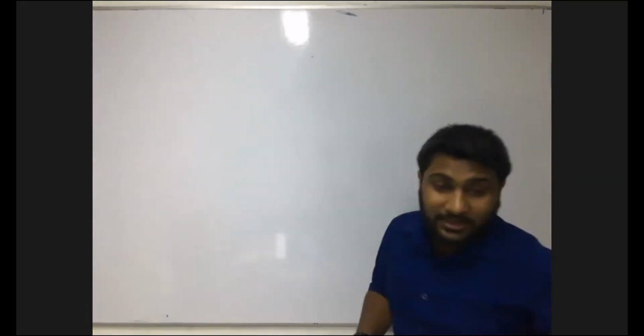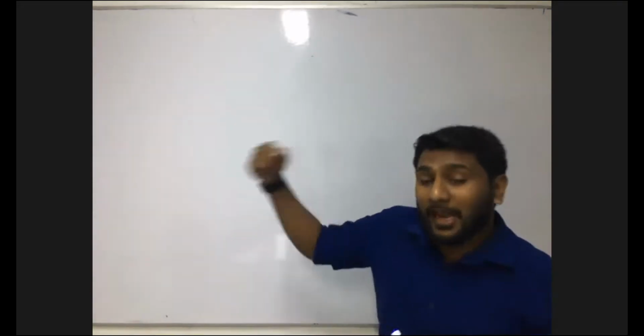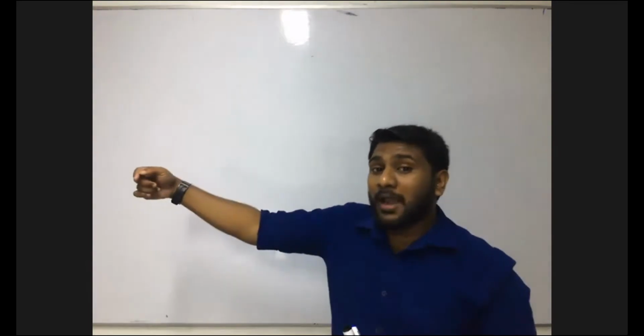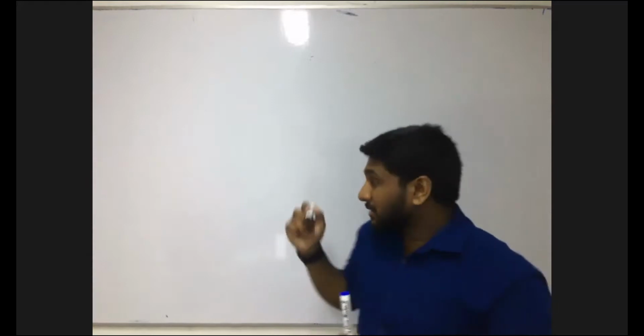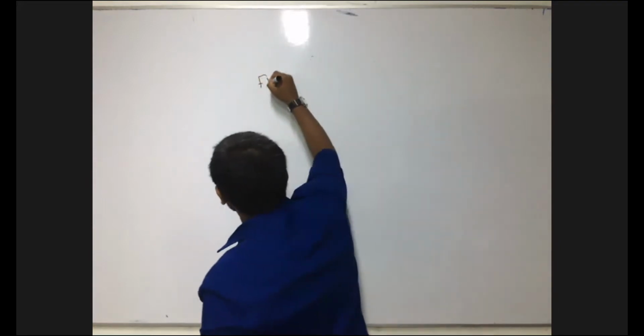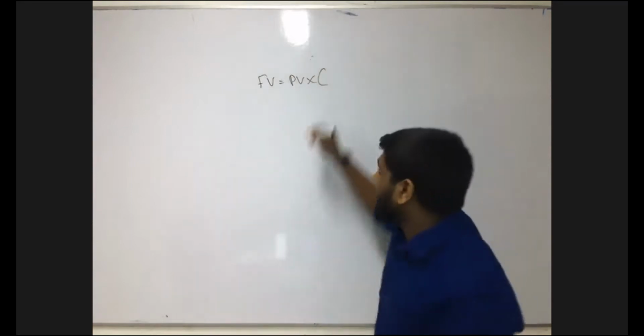I told you guys it is the most important formula. Using that formula, you can calculate the closing balance or the bank balances under the compound interest method. Similarly, using that formula, you can find the present values of the cash flows as well.